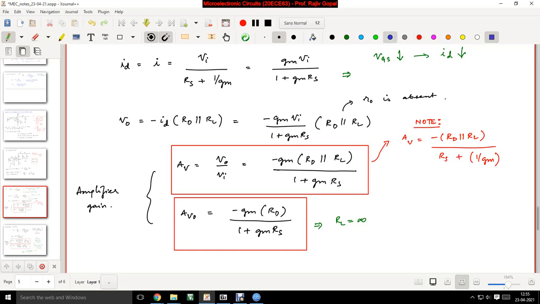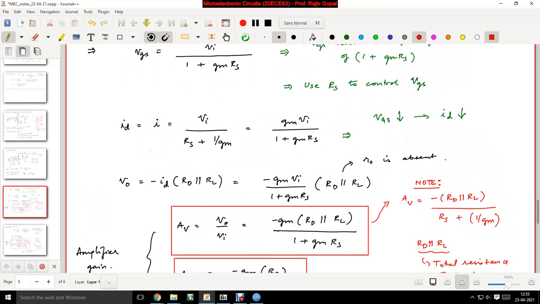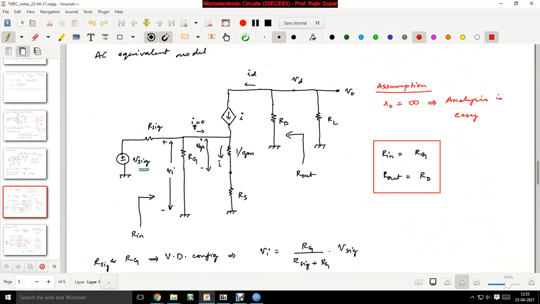If you look at the numerator, RD parallel RL, this is the total resistance at drain. Look in the circuit diagram. If you take this point, this is your drain point. The total resistance at the drain is RD and RL, which are both in parallel, and the total resistance at the source is 1 by GM and RS, which are both connected in series.